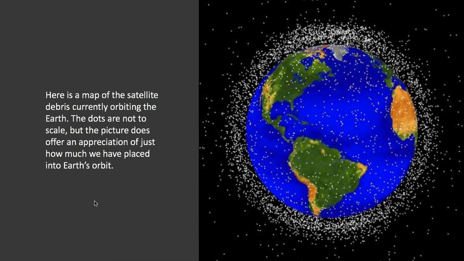All right, last thing, we've put a lot of things into Earth's orbit, sent a lot of things out into space. This isn't drawn to scale, so the dots here are not to scale size of the satellites, but it does give you a sense of how much stuff is out there, and that it's spread all over in near and farther Earth orbit around us.